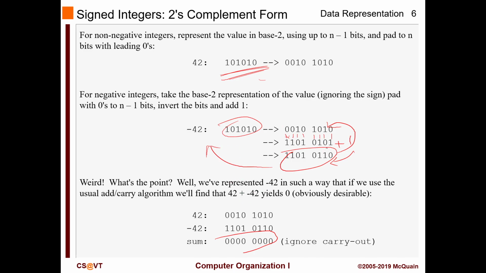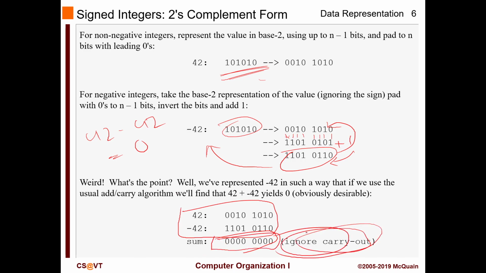The reason it works, we'll see later, but just to cross check, if we sum these two up, 42 minus 42 should be equal to 0, right? If you do it over here, you see that it is going to be 0. We are always going to ignore the carryout for this place. So in this case, we see that 42 minus 42 is equal to 0. So we can see that the 2's complement works, right?